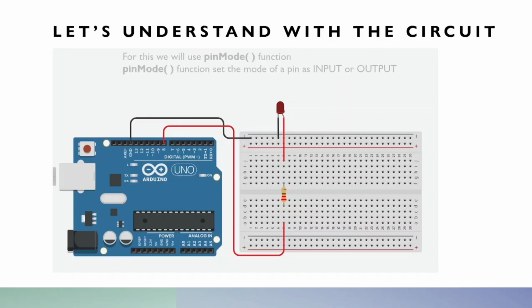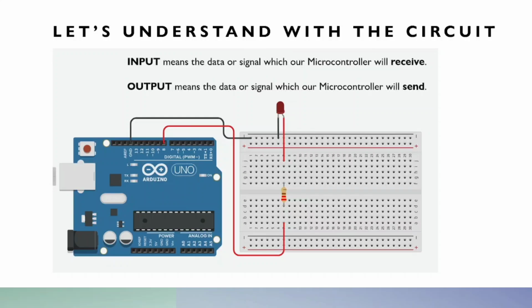So how will we do that? We will use the pinMode function, which helps us set the pin as input or output. Input means the data or signal which our microcontroller will receive from a component, and output means the data or signal which our microcontroller will send to a component.